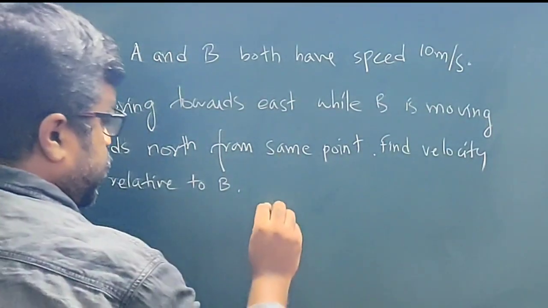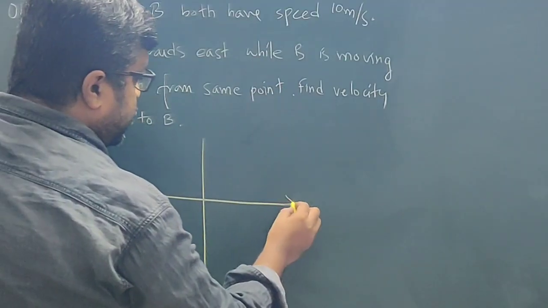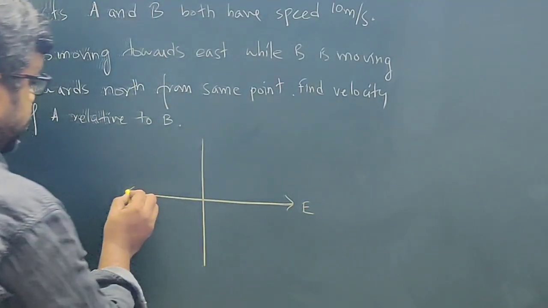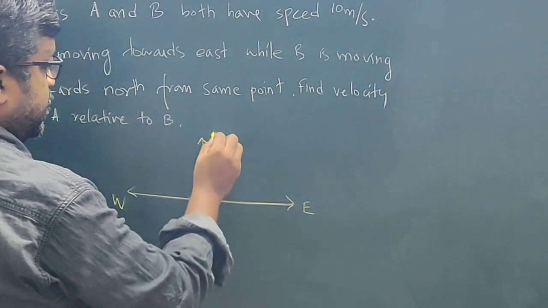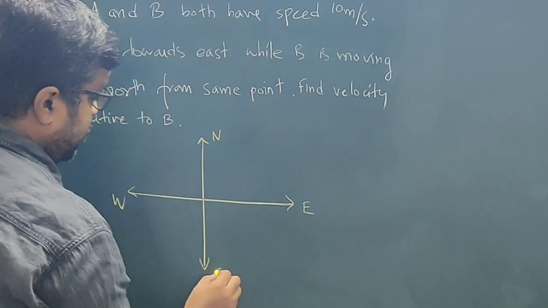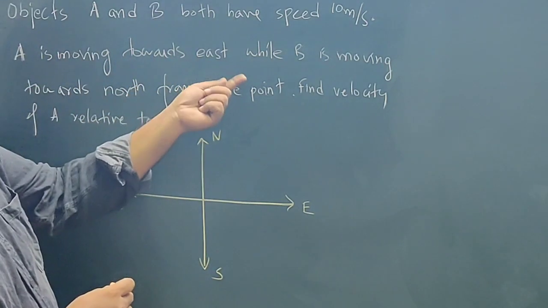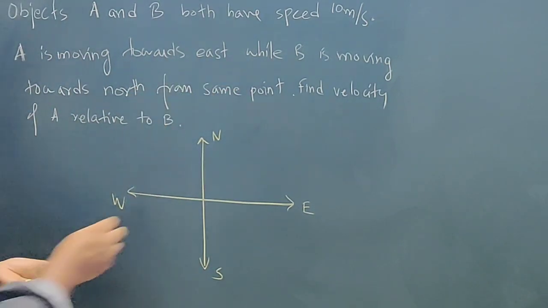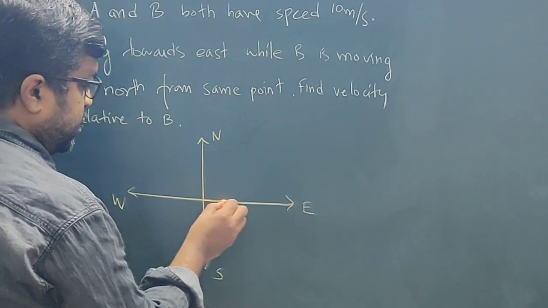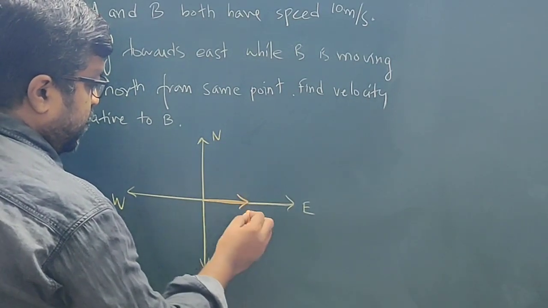So this is east, this is west, this is north, this is south. Now A is moving towards east, so the velocity of A is towards east, so this is VA.